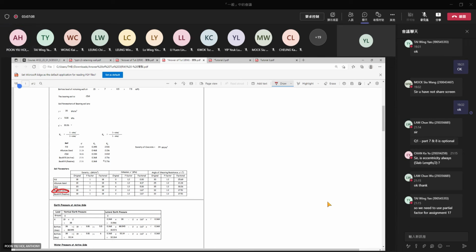So adjust the cohesion. 有冇 cohesion 呢個有啊？So the new Ka should be calculated based on this, and the new Kp should be calculated based on this.